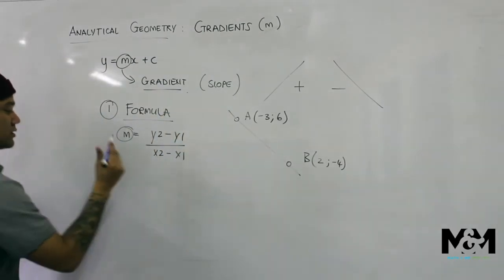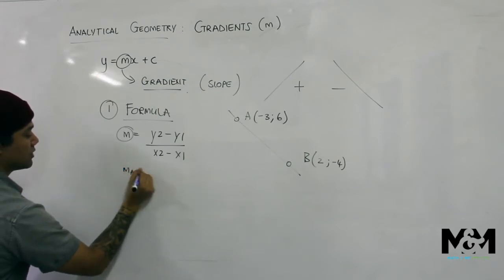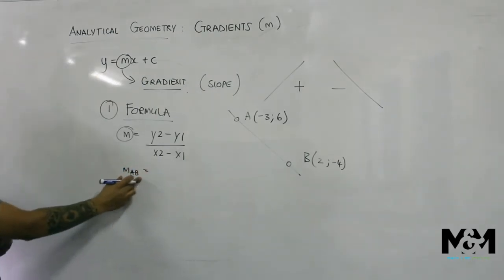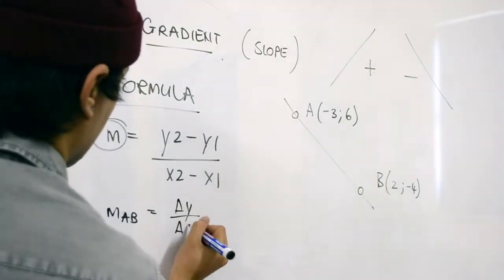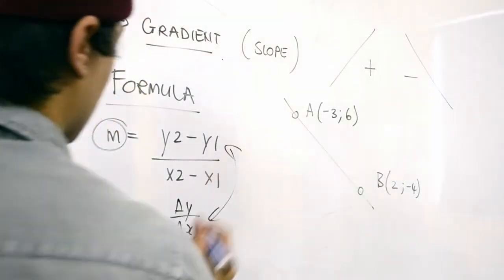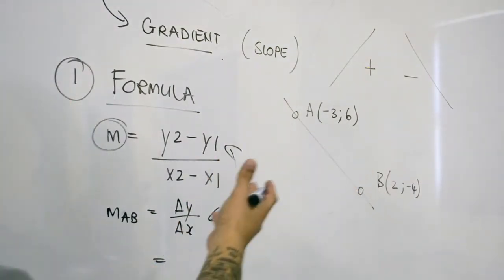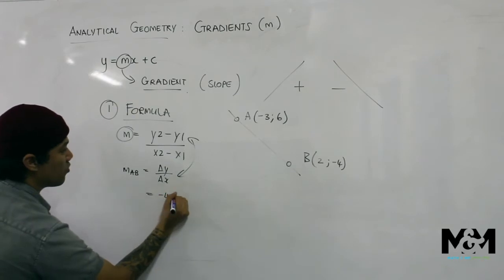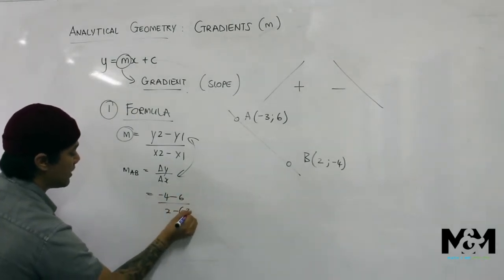I will say m of AB, always letting them know which line you're working with, is equal to change in y over change in x. Then I'll say B will be my point 2, so I'll say -4 minus 6 all over 2 minus -3.